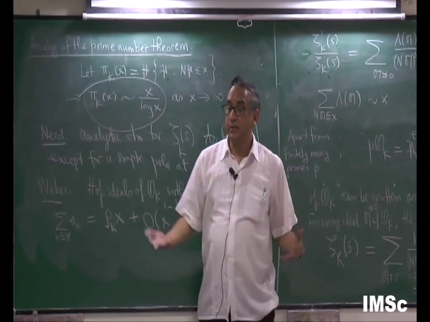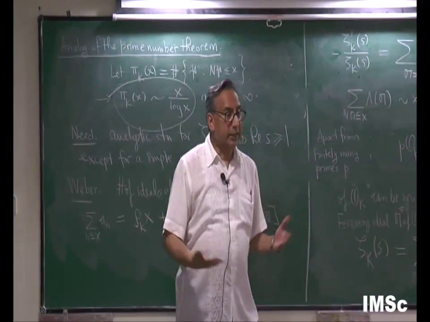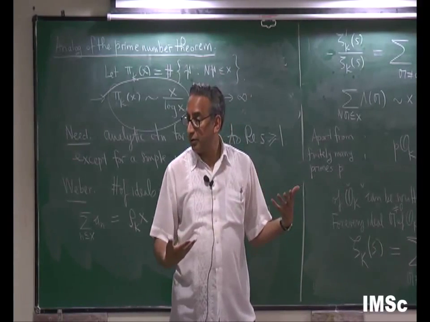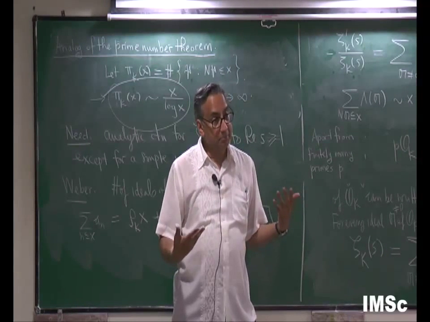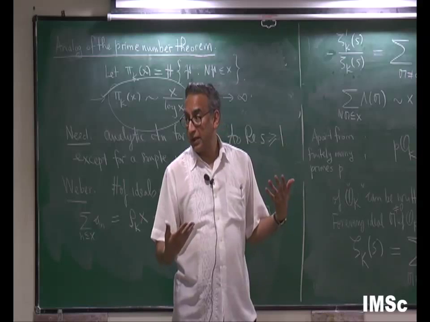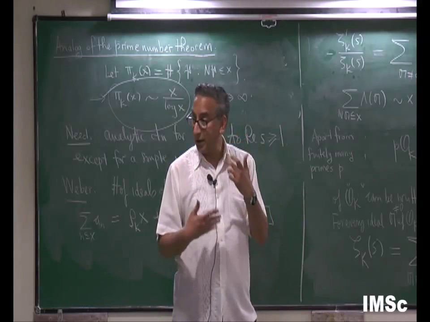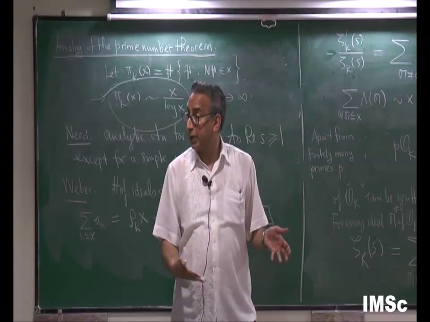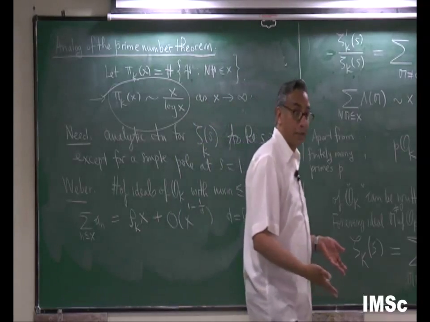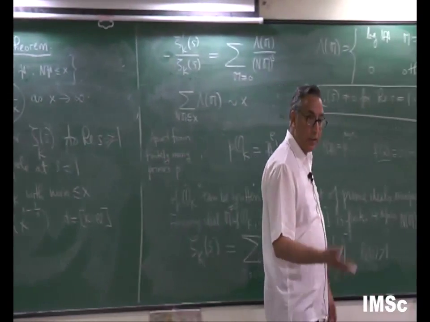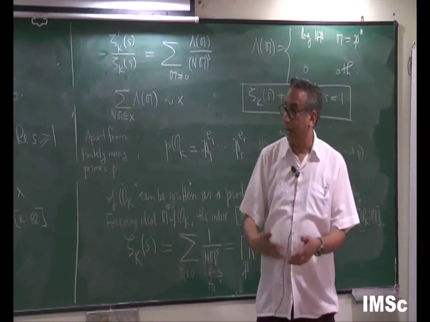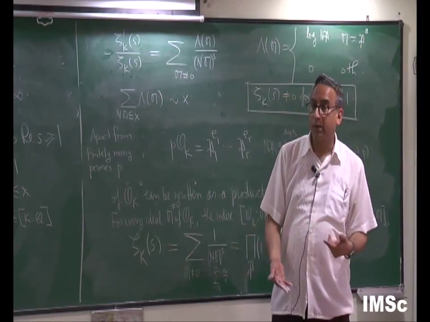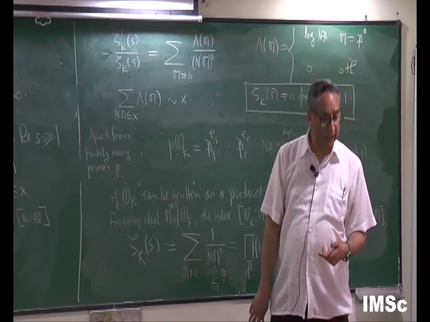In general, is there some general framework? Anytime I have a question about equidistribution, can I bring the theory of L functions or zeta functions into the picture and solve it just by invoking the Tauberian theorem? The answer is sometimes you can, sometimes you cannot. I want to talk about when you can and when you cannot, and explain how these things work tomorrow and the day after. Okay?